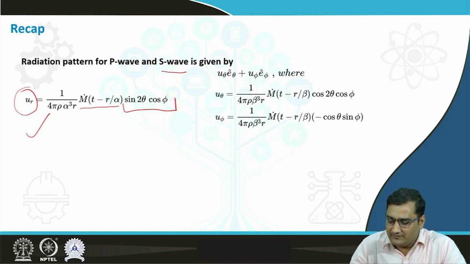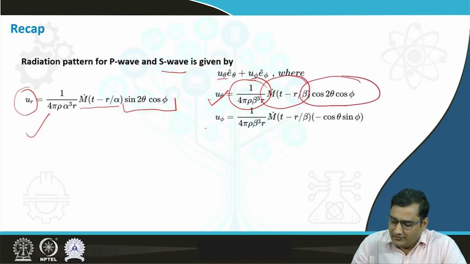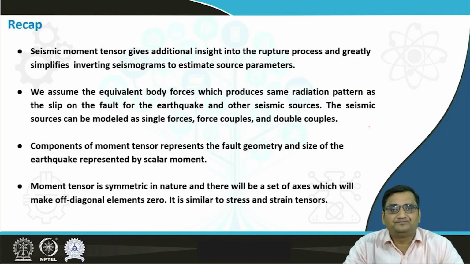Similarly for the S wave, we have the u theta component and the u phi component. The u theta component has this amplitude term, then the seismic moment rate function, and there you have the radiation pattern. Similarly for u phi, you have the same amplitude term, the seismic moment rate function, and here you have the radiation pattern.